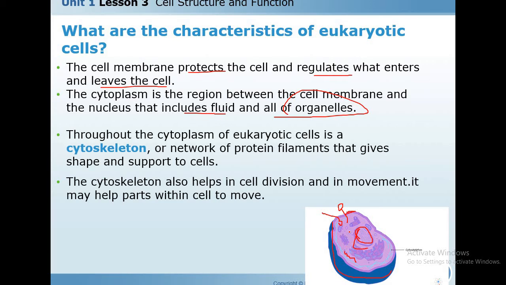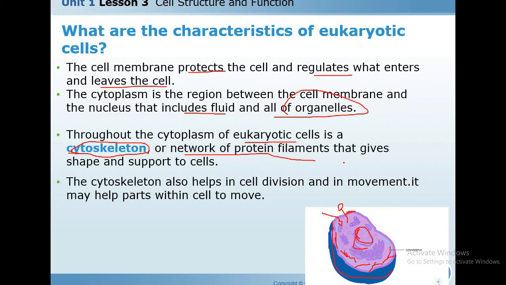Inside the cytoplasm of eukaryote cells, there is a cytoskeleton, like the green one, like a skeleton, a network of protein filaments, made of protein.